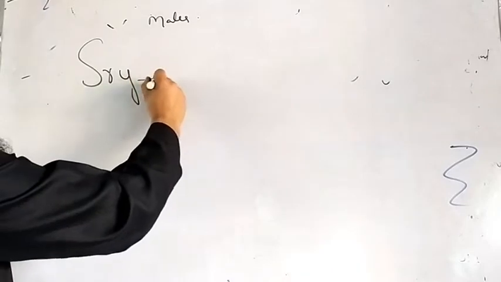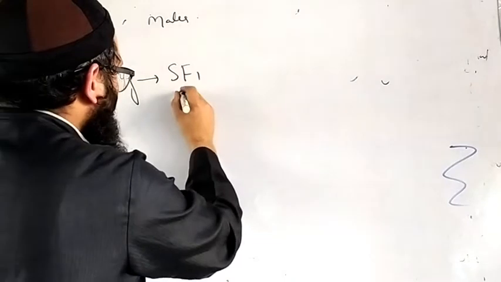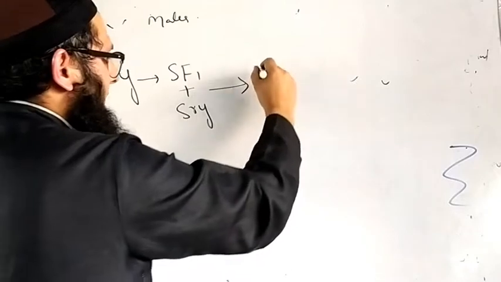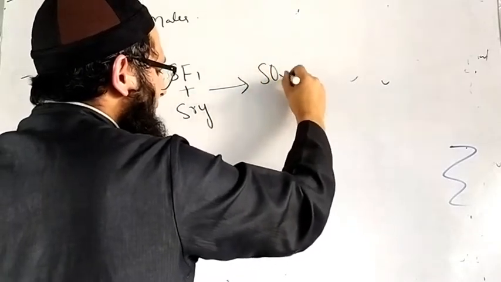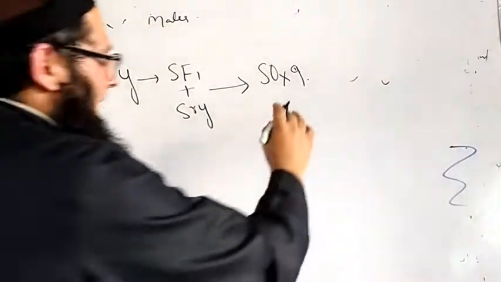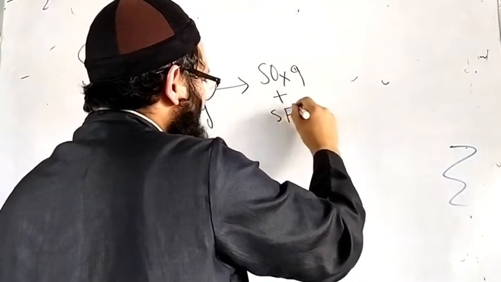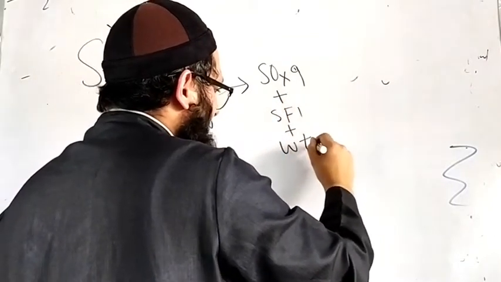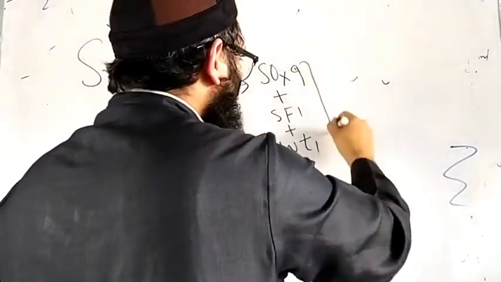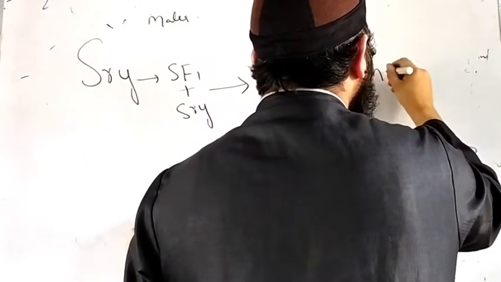This gene will activate the SF1 gene, and in presence of the SRY gene, these two genes will upregulate and express the SOX9 gene. SOX9, in presence of other genes like SF1 plus WT1, the Wilms tumor gene, will upregulate the expression of the AMH gene.